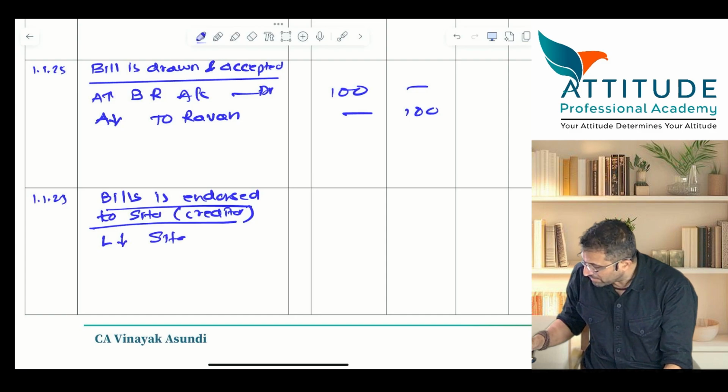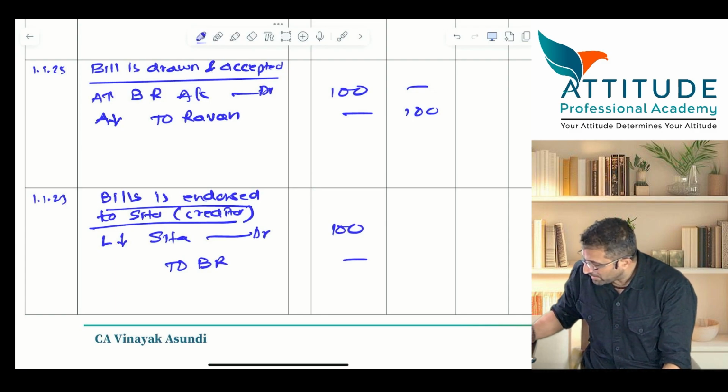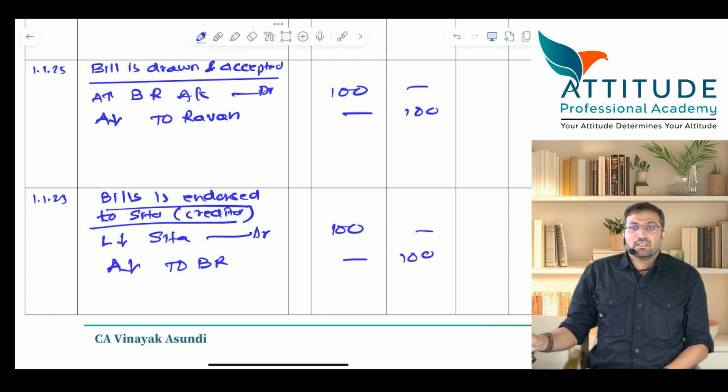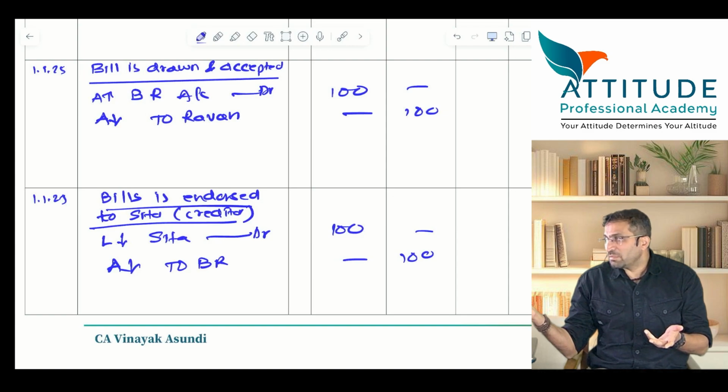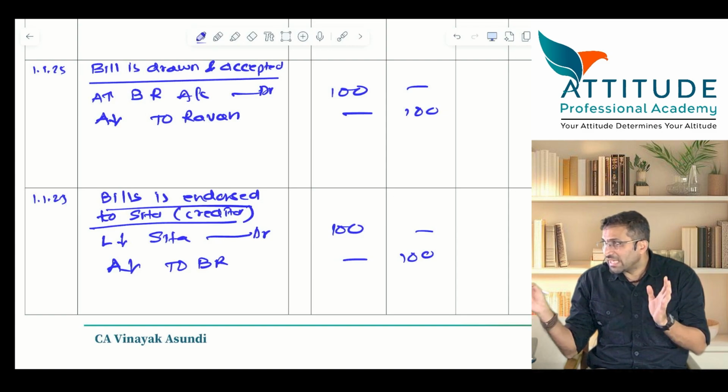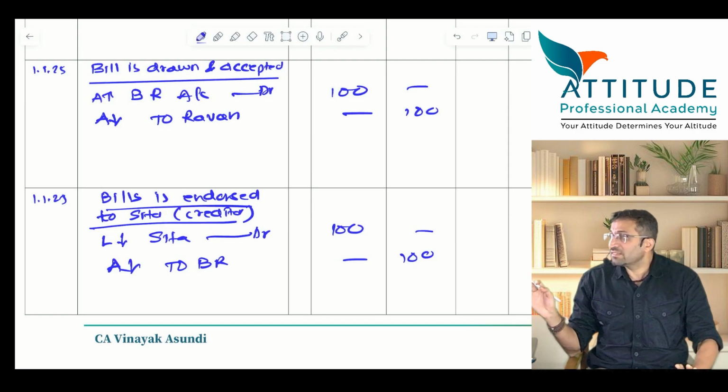Sita account debit to bills receivable. Asset. Now Ram is happy that he need not receive the money from Ravan and has not got to pay money to what? Sita, because all the accounts are closed here.